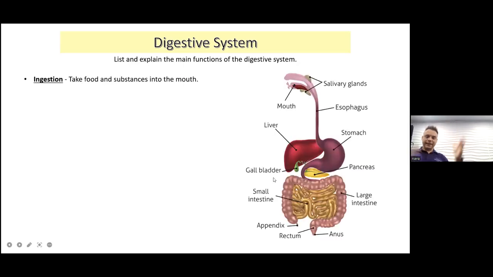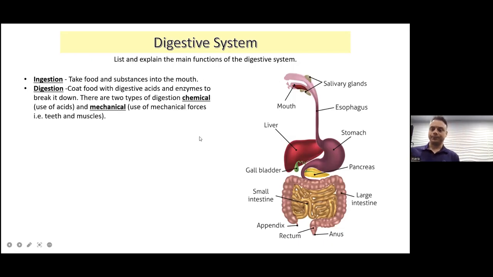So first, eating, right? We need to take food into the mouth, or ingest food. So we take food in the mouth, chew it up, and swallow it. When we swallow that food, and chew it up and everything, we're starting the process of digestion, right? So we're breaking down food both mechanically by grinding it up with muscles and teeth and so forth, and then coating and soaking it in digestive enzymes and juices to break it down chemically, right?